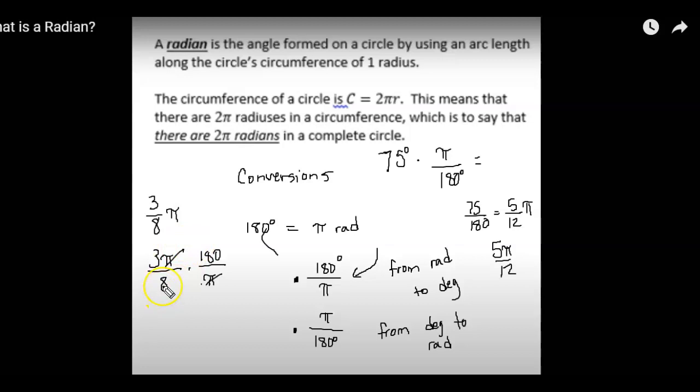So now we need to figure out what is 3/8 times 180. So 180 times 3 divided by 8 is actually 67.5 degrees. And with degrees, we do tend to use decimals. So this is how we convert back and forth between radians and degrees.